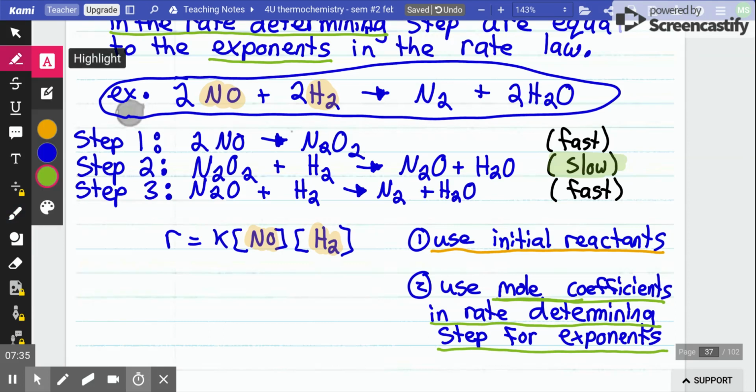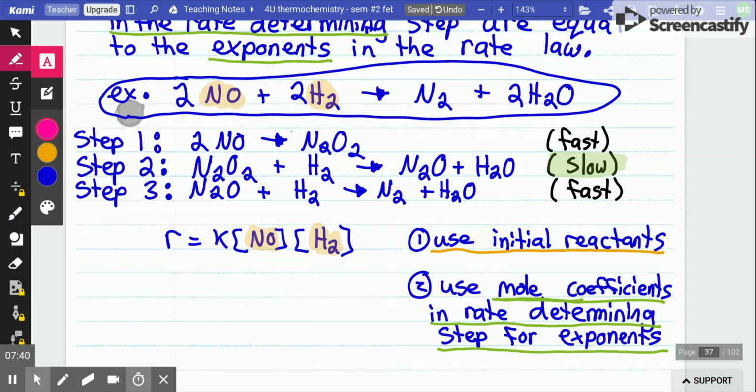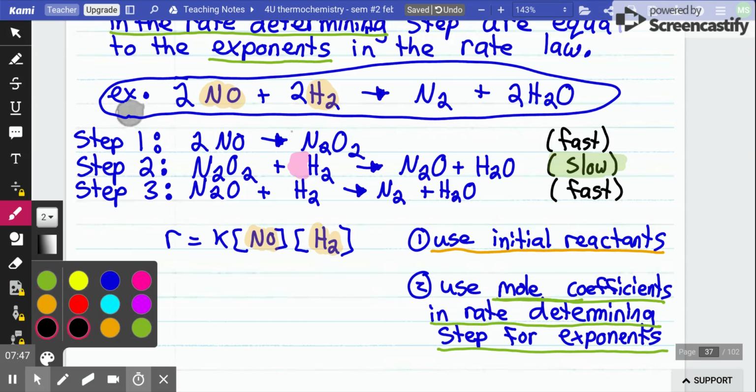If we look beside hydrogen, I'm going to do it in pink, there is nothing there, but we know that that's actually an invisible 1. So I'm going to put that invisible 1 in here. And so that invisible 1 comes down here and becomes the coefficient for the concentration of hydrogen gas in the rate law equation.